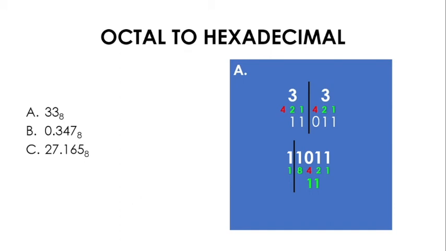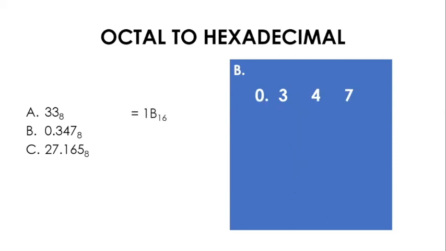We will take that binary number and convert it into hexadecimal. The hexadecimal equivalent of 11011 is 1B. So the answer for example A is that the hexadecimal equivalent of 33 octal is 1B hexadecimal.